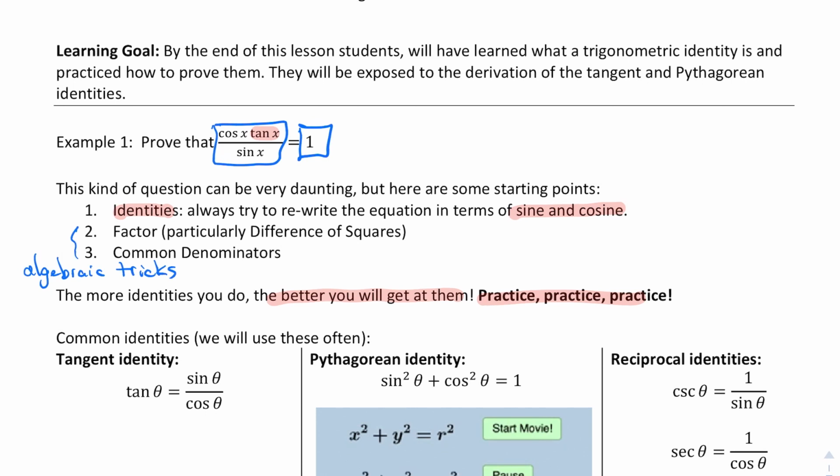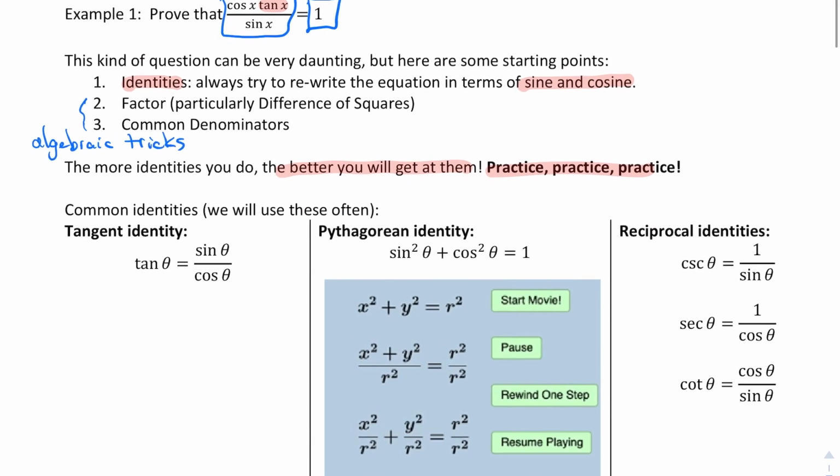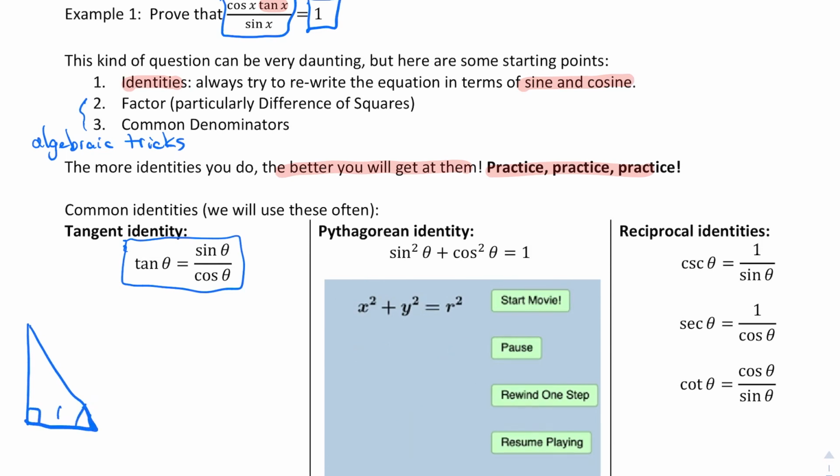So here are our tools that we're going to use. And I'm actually going to prove these things, not that you would ever have to prove them again. One thing is that tan is in fact equal to sine divided by cos. Again, you're not going to have to show this ever, but if I take any right angle triangle, I call this theta. This would be the opposite side, this would be the adjacent side, and this would be the hypotenuse.